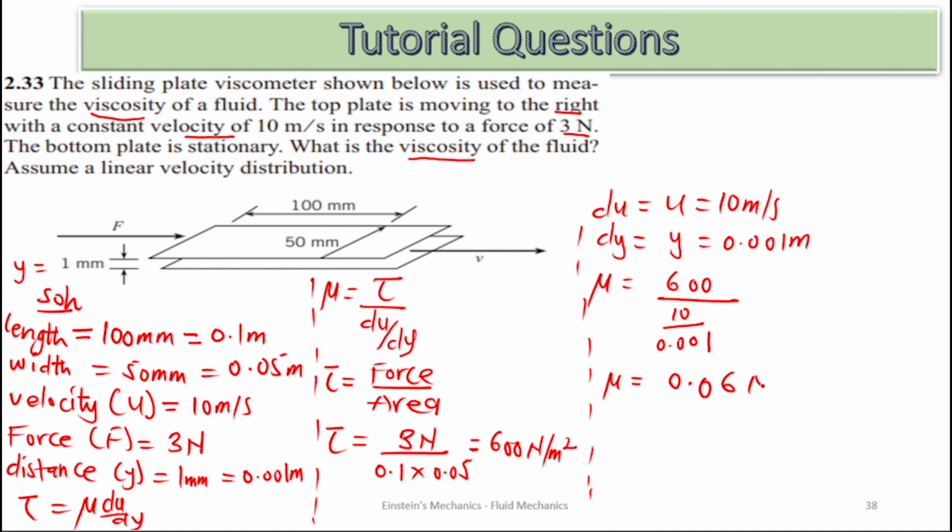We know the unit for viscosity is Newton second per meter square, or 6 times 10 to the power negative 2 Newton second per meter square. Are we good? So this viscometer with the parameters given is measuring a viscosity of 0.06 Newton second per meter square for the fluid it is in.